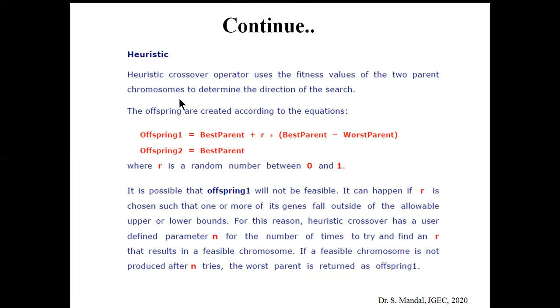After the crossover, two offspring will be generated. Offspring 1 will be generated using this equation: best parent plus r times (best parent minus worst parent). That means we generate children around the best value. Okay, and the second offspring will be based on the best parent. So by using this formula we can also generate the corresponding offspring.